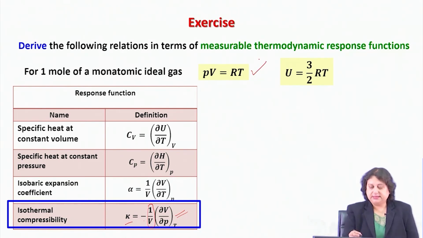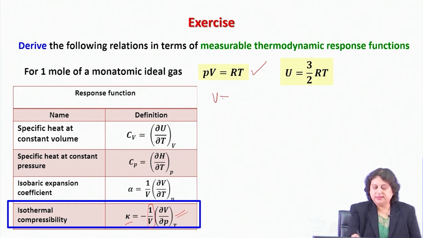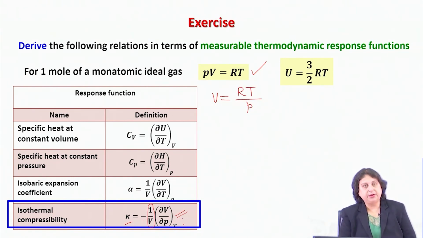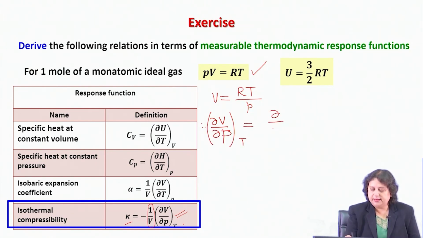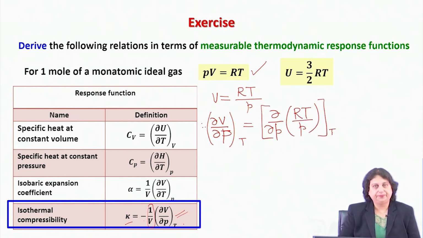So once again, I start by writing down V is equal to RT by P. I have to take a derivative with respect to P at constant temperature, and therefore I can write that del V del P at constant T is equal to del P of RT by P under constant temperature condition.